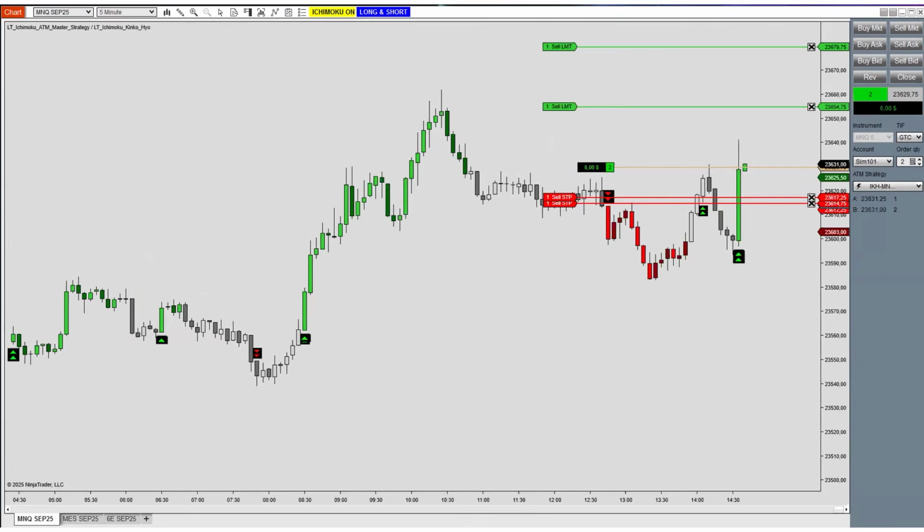The trailing stops, of course, will continue based on your ATM settings. And if you've configured a time exit, the master strategy will automatically deactivate the ATM after N bars or close, and reverse if that option is selected.